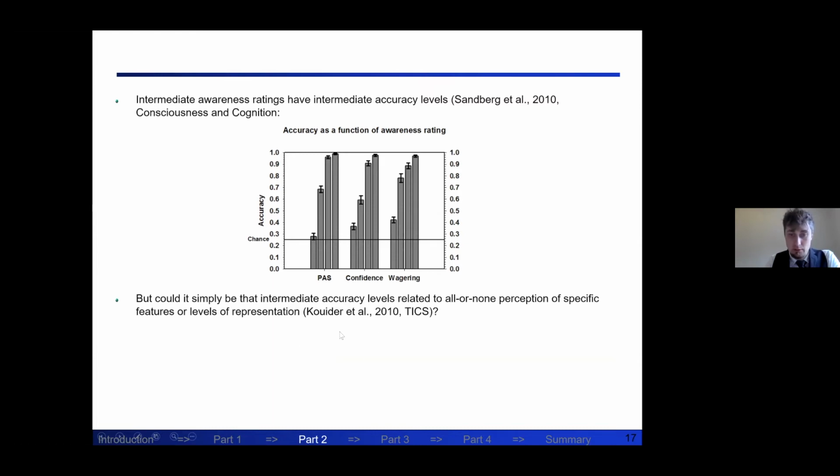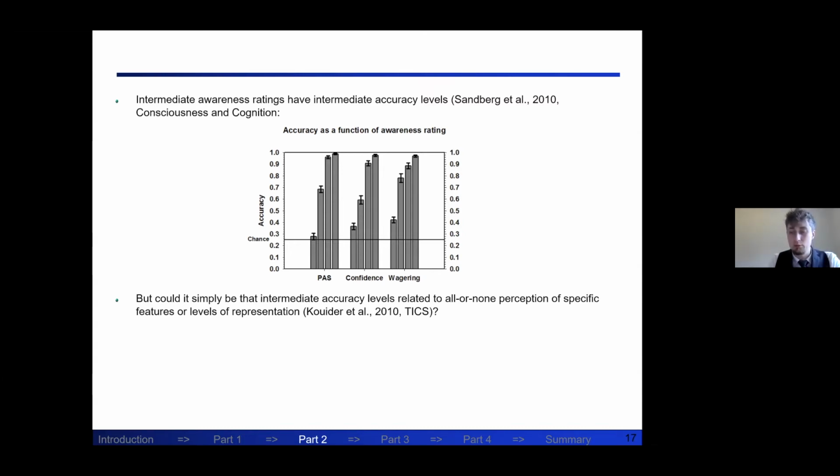Sid Creeder and some colleagues published a paper called, I think, the partial awareness hypothesis in 2010, where they discuss this aspect and say that these intermediate accuracy levels for intermediate awareness ratings could be related to all or none perception of specific features or levels of representation.